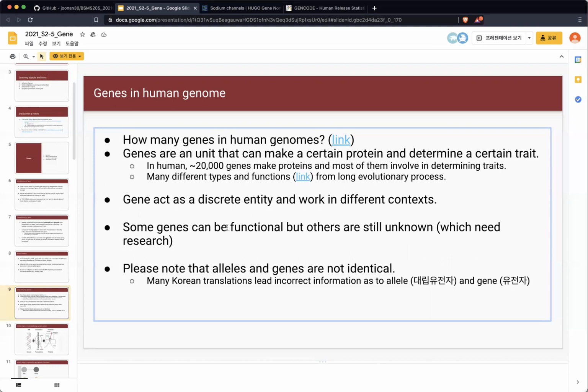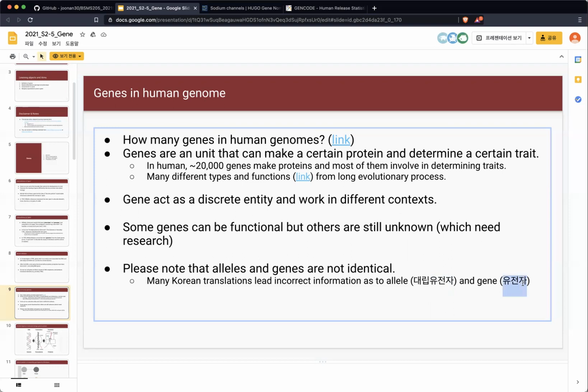So as I explained many times, many Korean translations lead to incorrect information about allele and gene, because they are literally quite similar words, right?